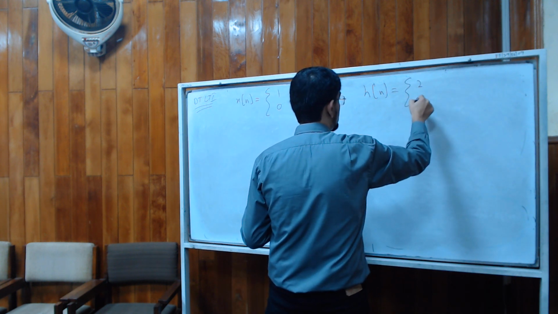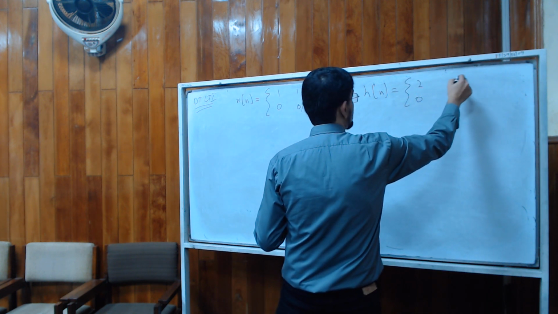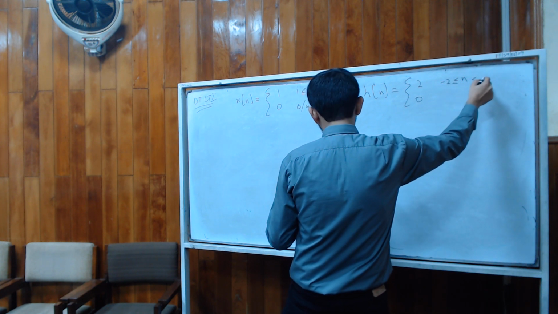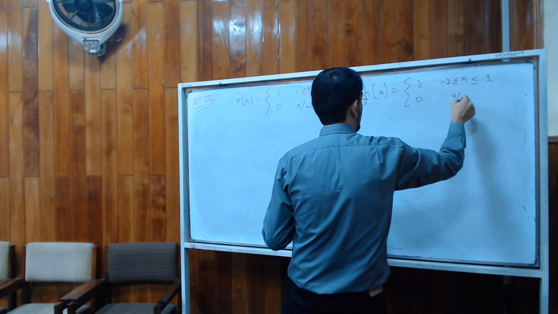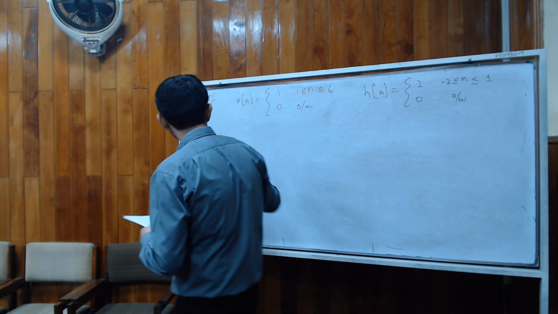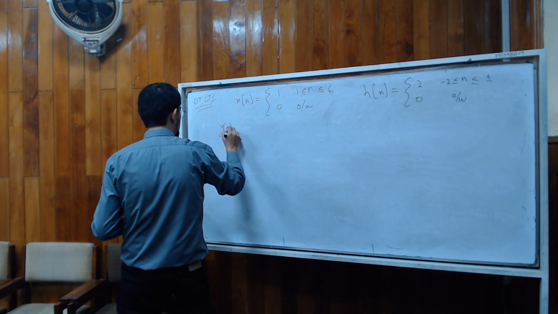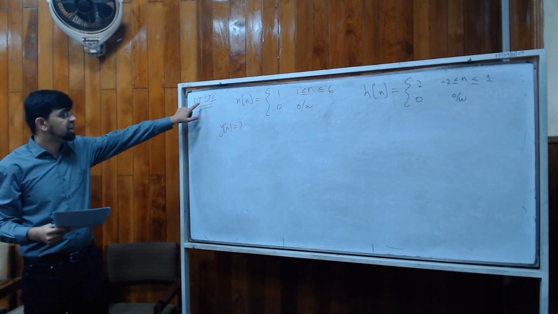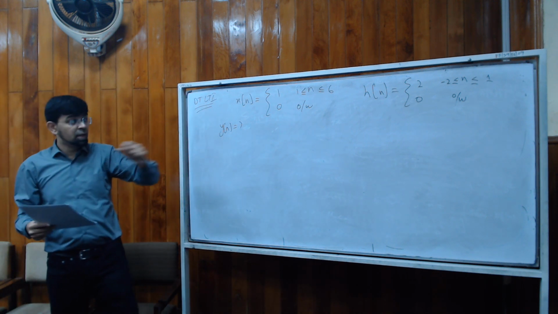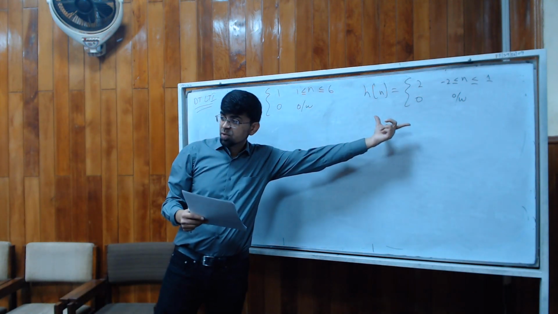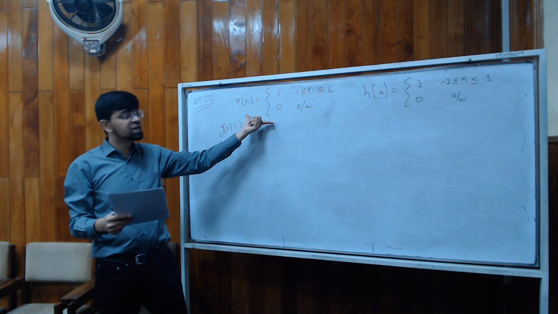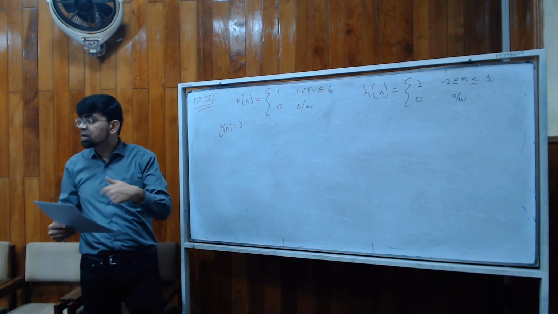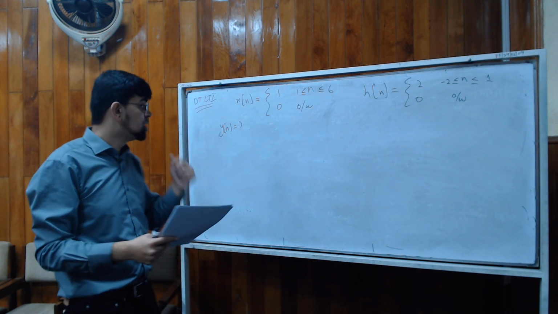It is 2 for n between -2 and 1, and 0 otherwise. We are told that this is a discrete time LTI system with this impulse response, and the input given to the system is this one. We are asked to find the output of the system.